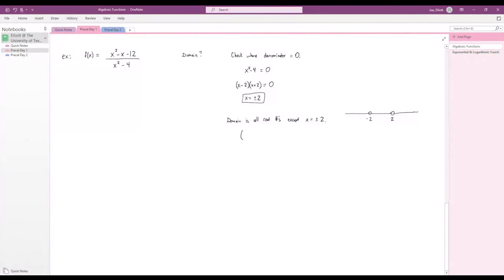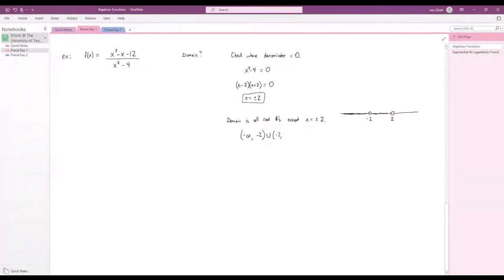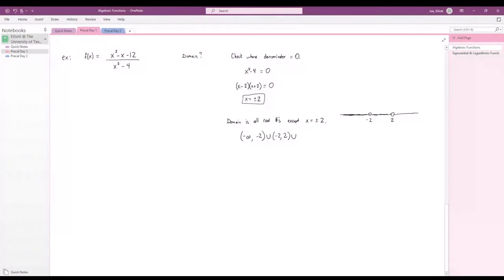So if you were to write it in interval notation, I've seen a couple people do it already. It's the interval from minus infinity to minus 2, which takes care of everything in this left part. Then the portion in the middle, everything between -2 and 2. And lastly, the portion on the right, everything from 2 to infinity.